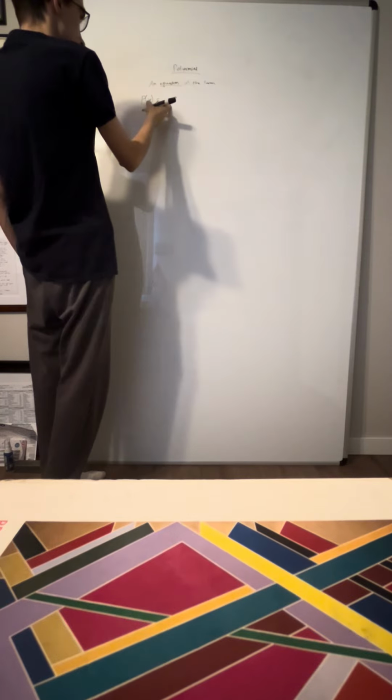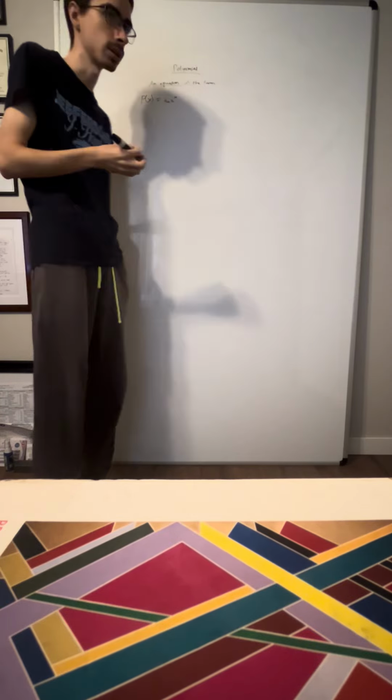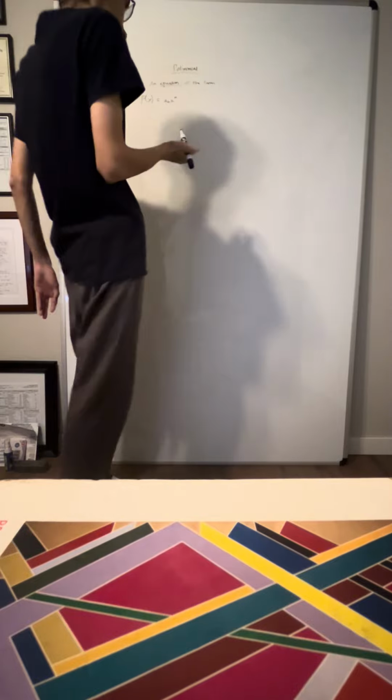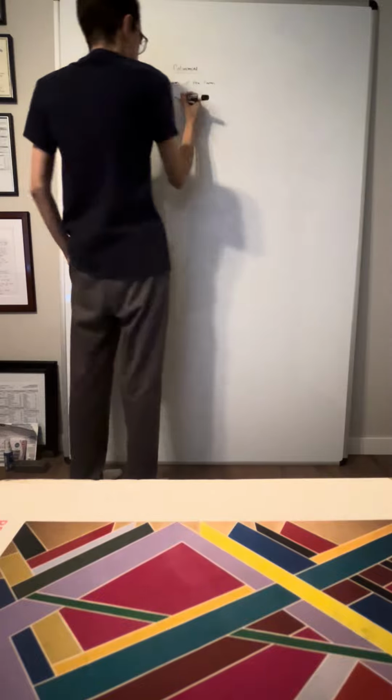When I say sub n, I'm putting a subscript on it in order to differentiate the different coefficients from each of the terms here.